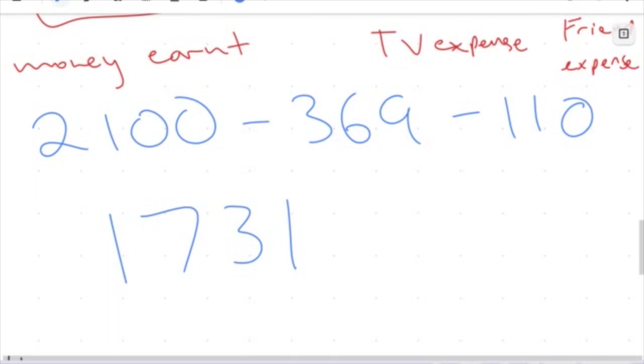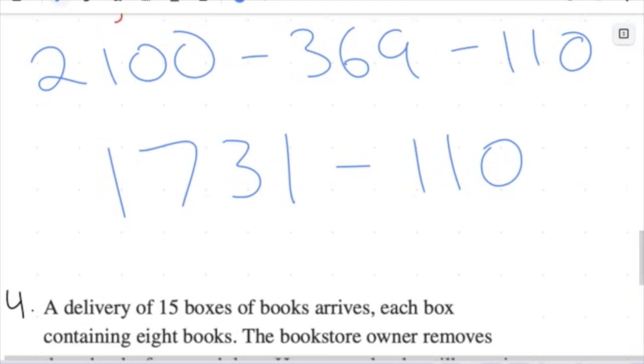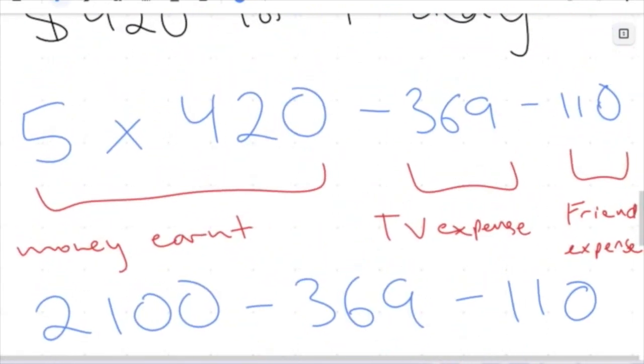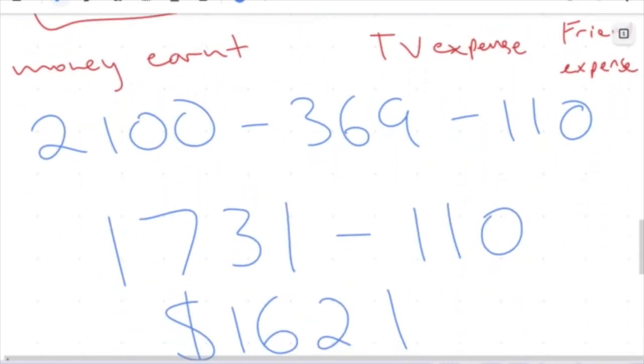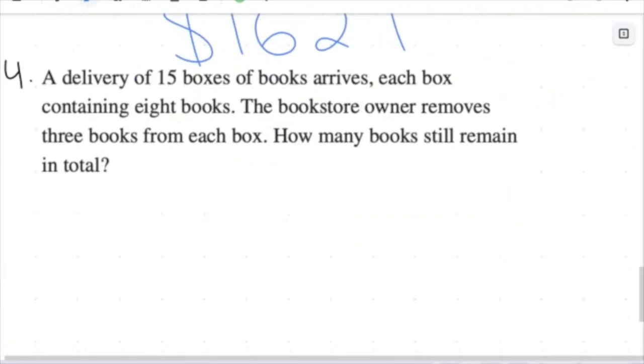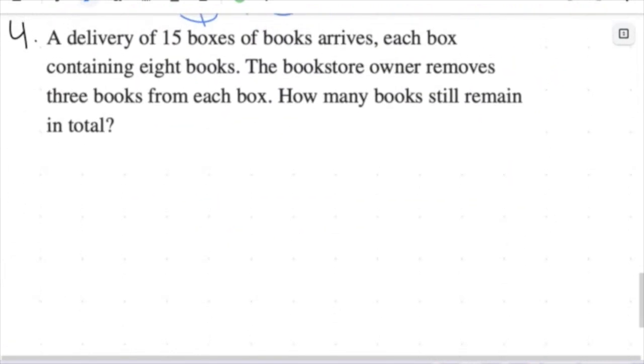So I've written that in place of my first subtraction, and then I am subtracting 110 from that, which is going to give me $1,621 remaining. So after he has made all his money, he's subtracting the things he had to pay for, and he winds up with $1,621 left.